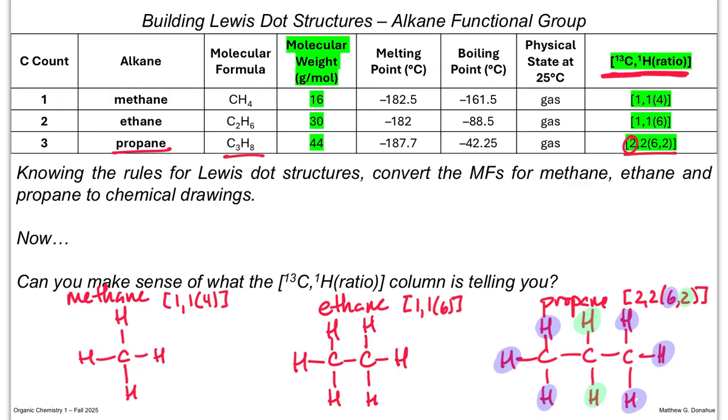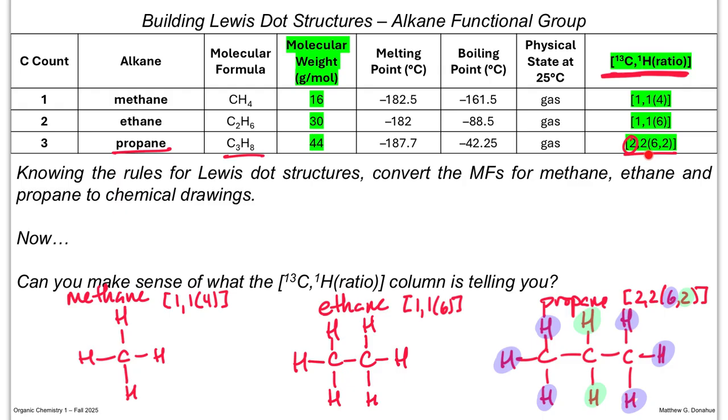The reason for that is due to an element of symmetry. So we have 1, 2, 3 carbons total. If we draw a mirror plane down the central carbon, carbon 2, we see that carbons 1 and 3 are the same. So that reduces the number of unique carbons from 3 to 2.